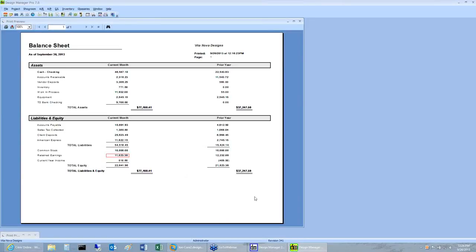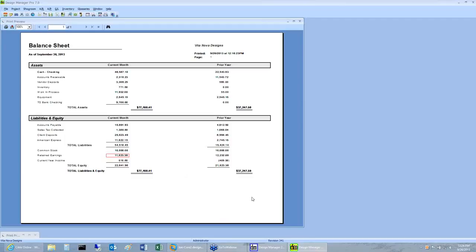Now some owners, just to make their statement look good, might have a current year owner's draw and a prior year owner's draw. So basically, all the checks you're writing this year go to the current year owner's draw, and then at the end of the year, you may journal the current year owner's draw to zero with a journal entry on December 31st, if your fiscal year end is December 31st, and journal that into prior year owner's draw, just to give you a better picture.